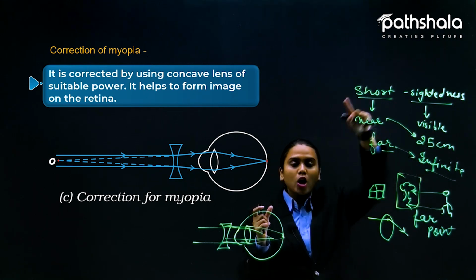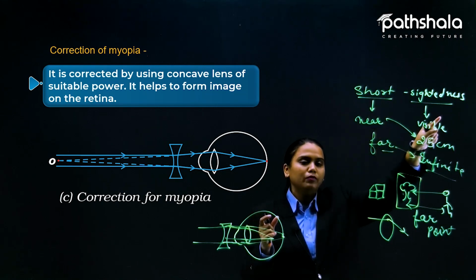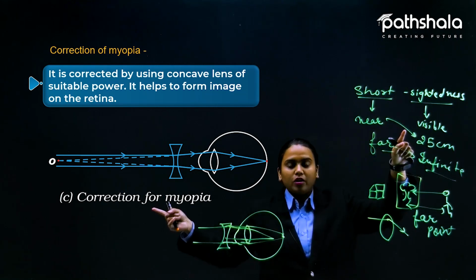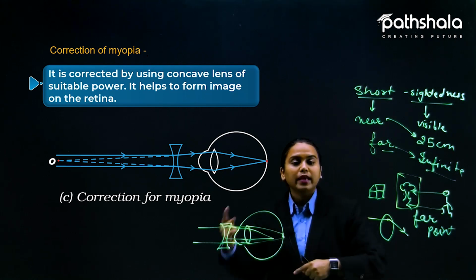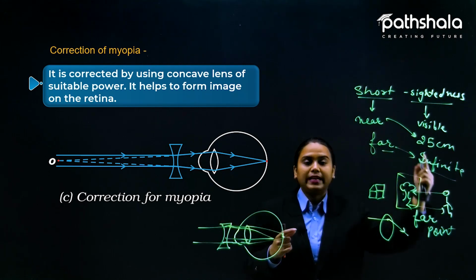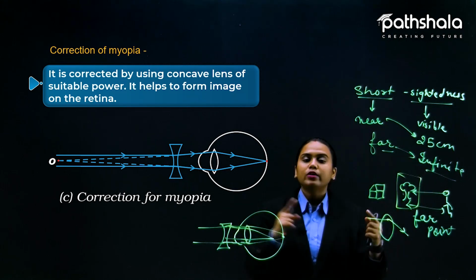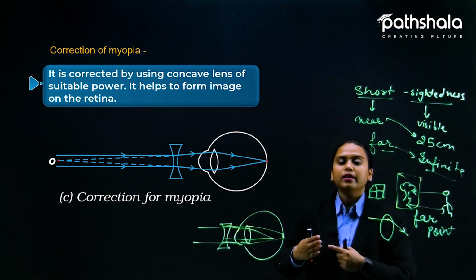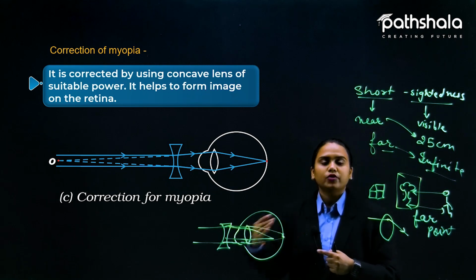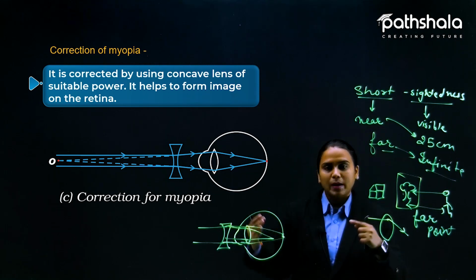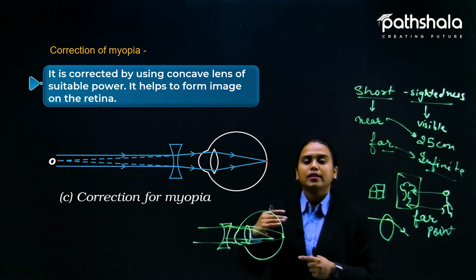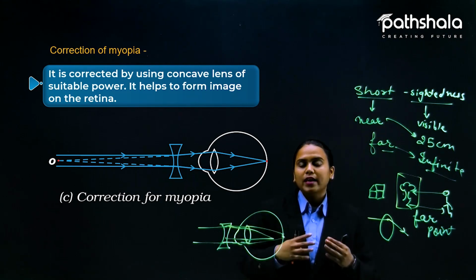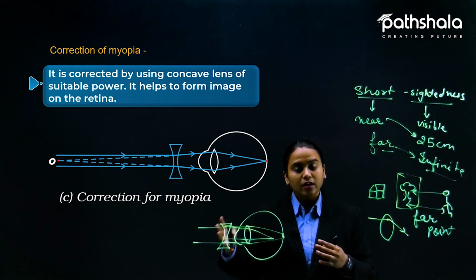That means short things, near things, are going to be visible but far ones not. And hypermetropia is a long spelling, so long-sightedness. Long things are going to appear but not the near ones. So that is the trick you can use to remember which one is nearsightedness and which one is longer-sightedness.